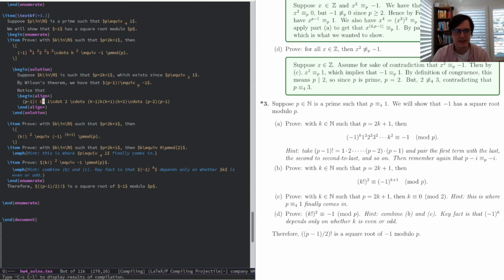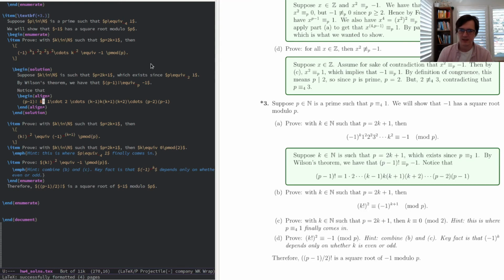Let's see how that looks so far. So I've written out a bunch of terms. And k is what happens when you divide p minus 1 by 2.